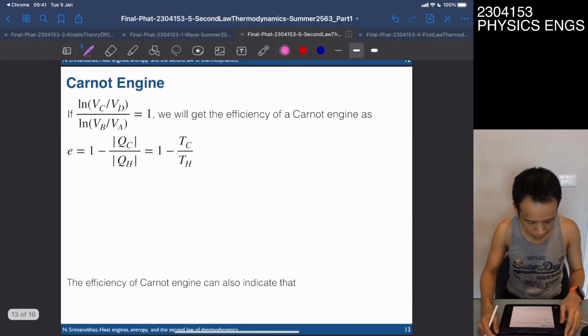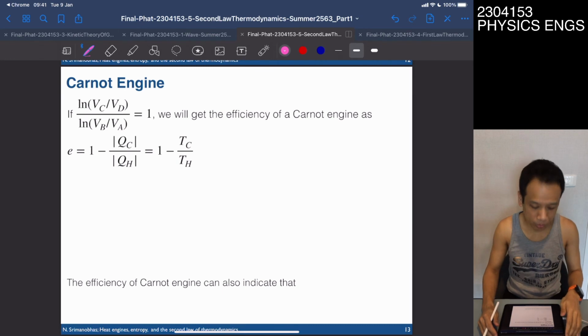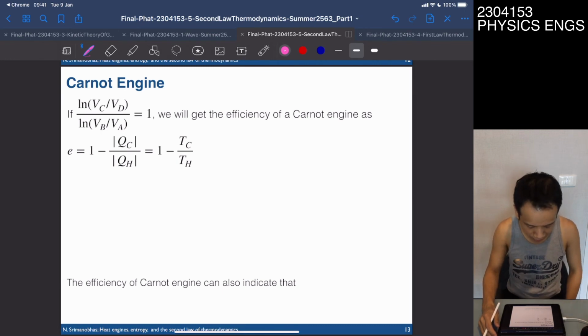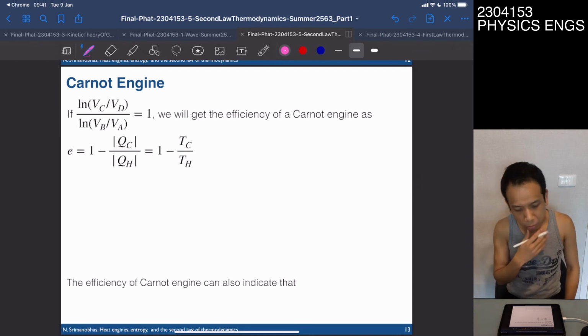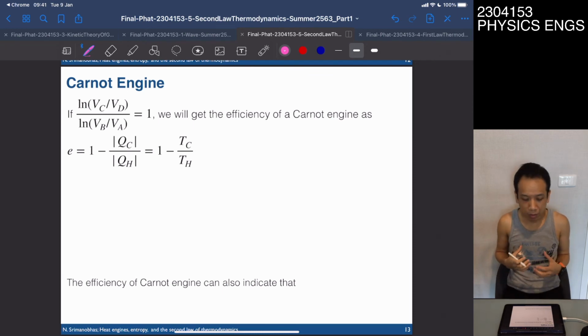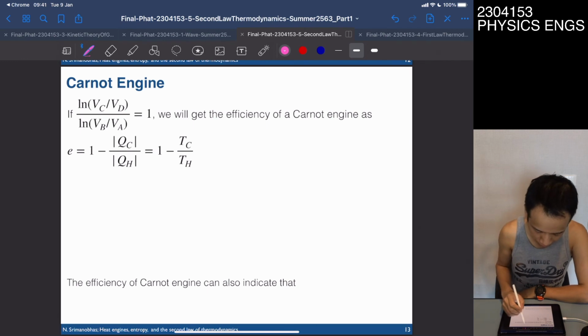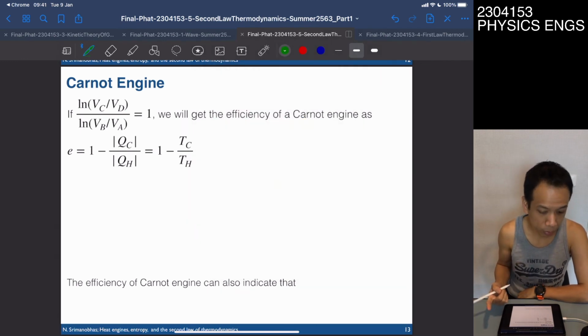If what we would like to find is equal to 1, everything is going to be simple. So the efficiency is 1 minus TC over TH. Before we prove whether this is a real statement or not, I would like you to focus first on the meaning of the efficiency. At the end, it depends on the hot and cold temperatures.